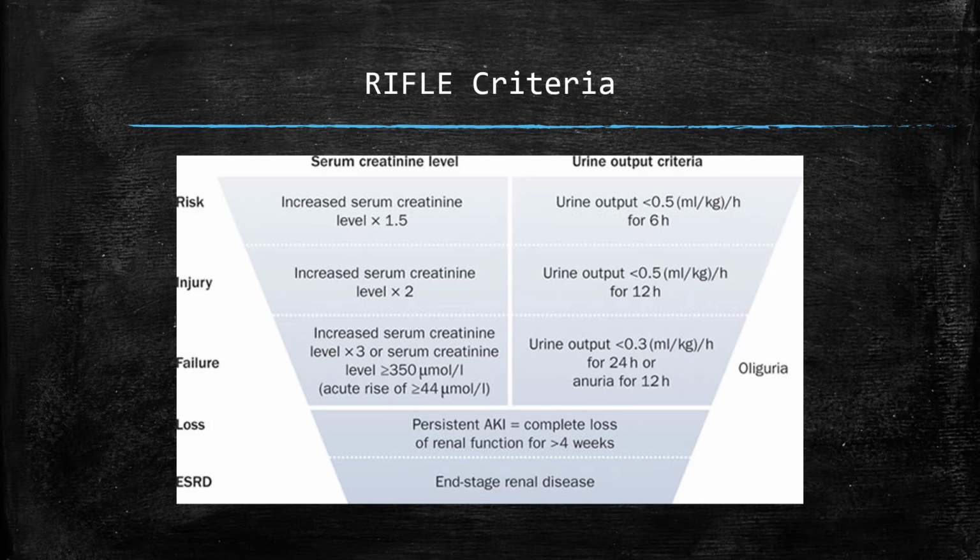I would point out in particular the loss category down here. It drives home the point that patients who have not regained renal function after 4 weeks are unlikely to do so. So most of these patients will progress to end-stage disease requiring dialysis.